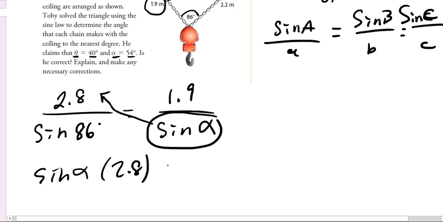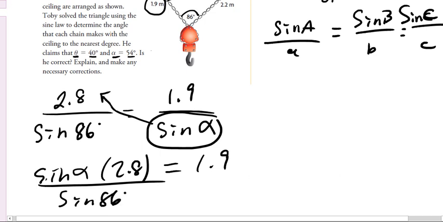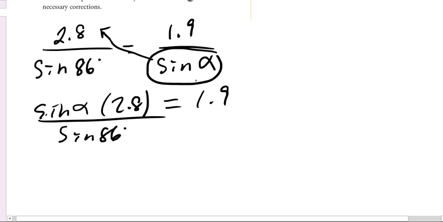I'm going to show you every step of the work. Multiply both sides by sine of alpha, it comes up there and it's gone down there. Now I'm going to multiply both sides by sine of 86, and it looks like this.